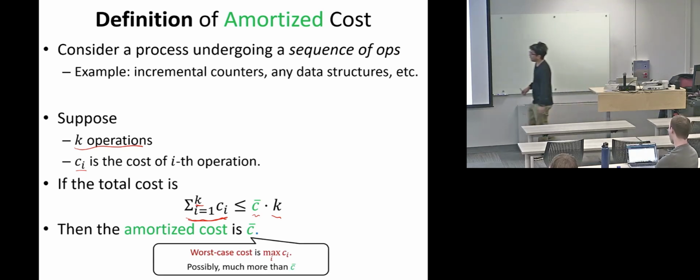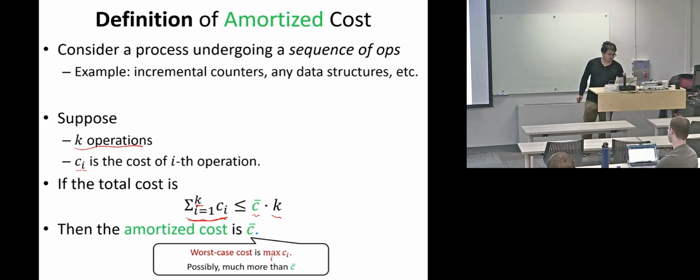In contrast, the worst case cost is not going to be the average cost c bar here. It's going to be max of ci. That's the worst case cost. And you can see from the definition that max of ci can be much larger than c bar, the average cost.